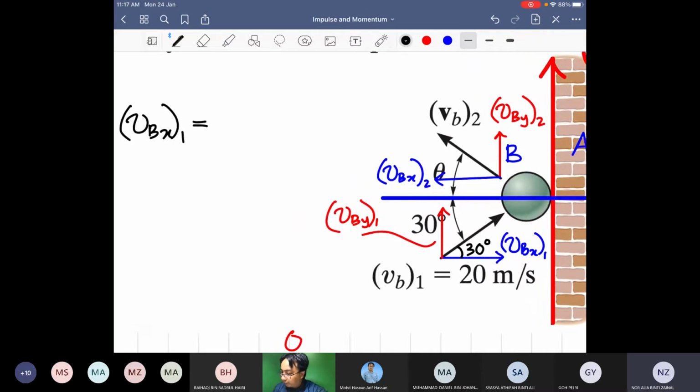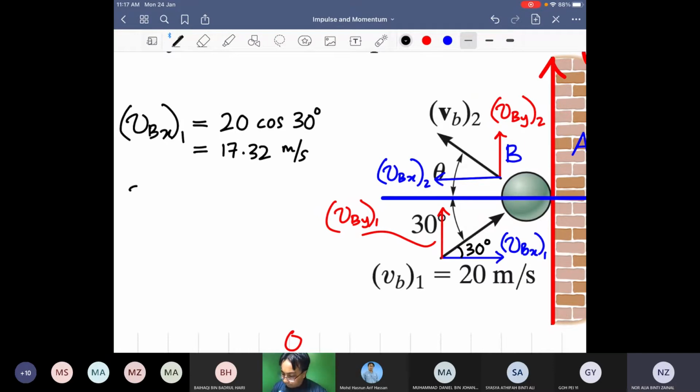VB1 ini 20 meter per second. So 20 cos 30 degrees. So kita akan dapat 20 cos 30 is 17.32. Okay, so VBX1 is 17.32 meter per second.